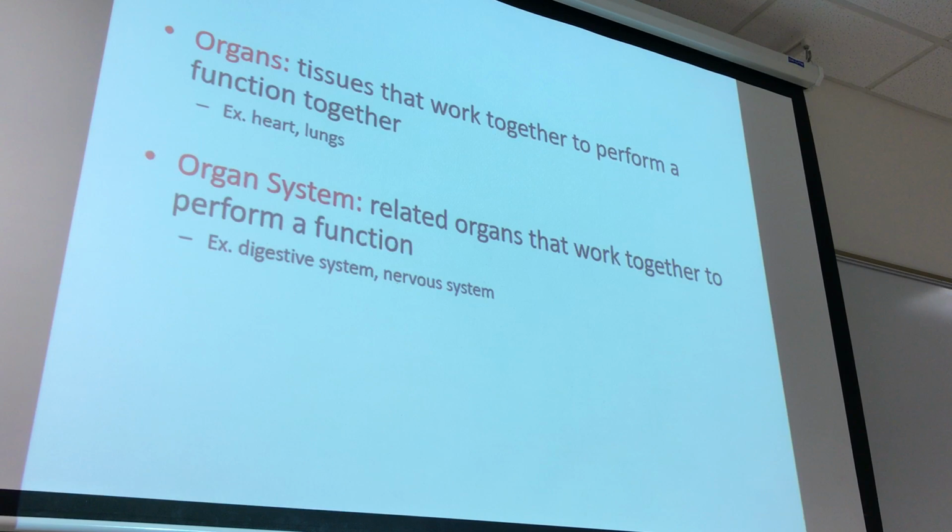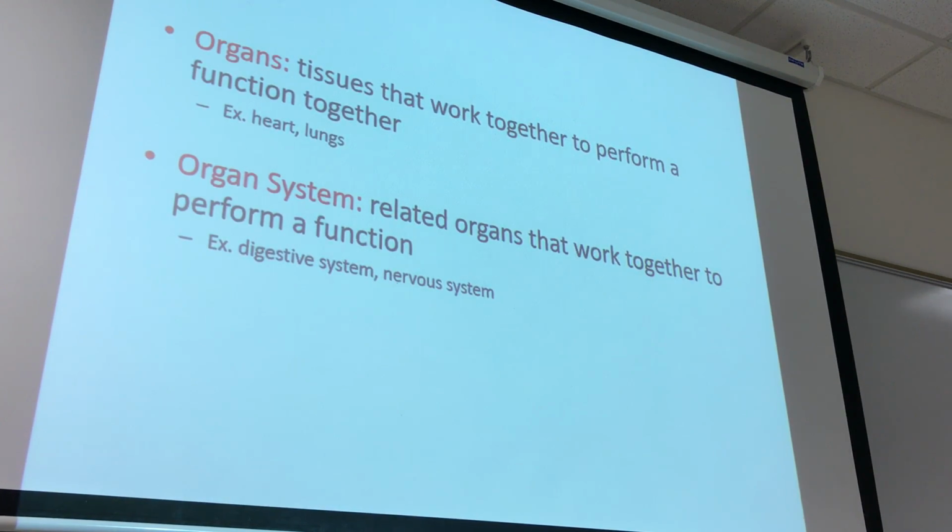So, an organ is a series of tissues that work together to perform a common function. Every organ in the body, whether it's the stomach, the heart, a blood vessel, the liver, spleen, regardless, has more than one tissue type, right? Maybe a little bit of muscle, connective tissue, and epithelium, all put together, and those tissues work together to create some common function.